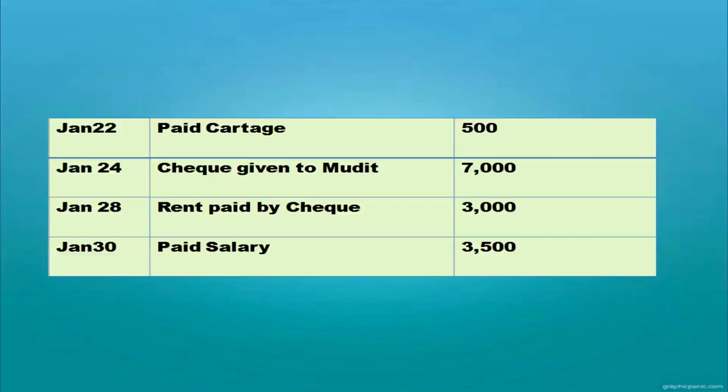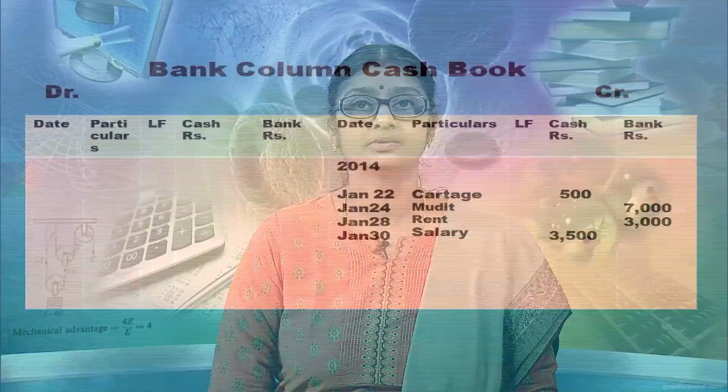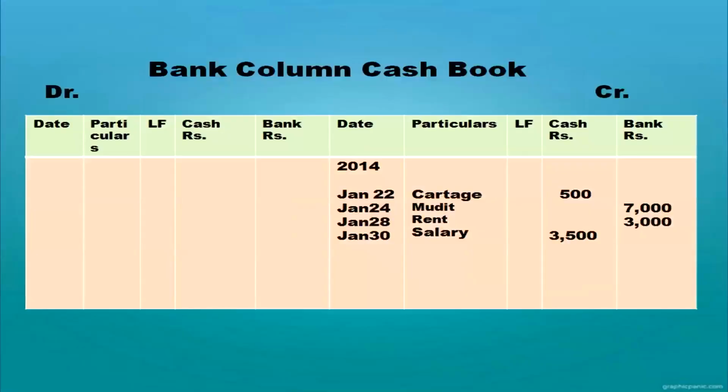Mudit debit to bank. Rent to bank, salary to cash. So, cartage to cash, in the cash column you are posting. Mudit to bank, in the bank column you are posting. Rent to bank, in the bank column you are posting. Salary to cash, in the cash column you are posting. So, when you see all the transactions together, the bank column cash book will look like this.